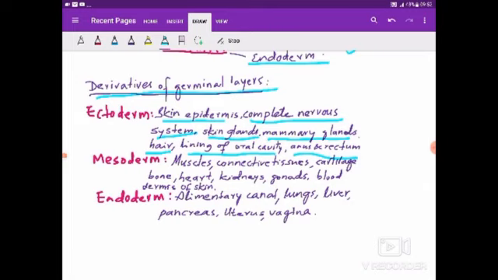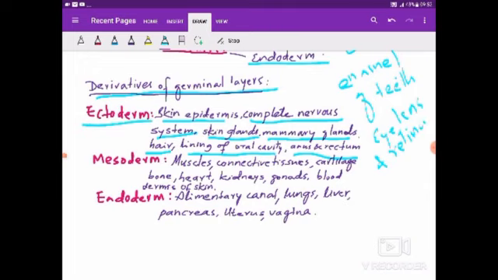Apart from this, the enamel of our teeth is also derived from the ectoderm, and lens and retina of the eye are also derivatives of ectoderm.